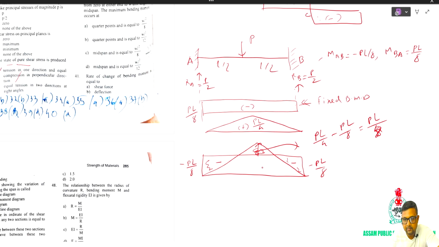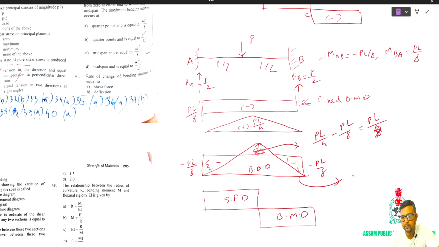This is the BMD. Now look at the shear force diagram. The shear force diagram is changing sign. So this is the final BMD. Now see here, the shear force is changing sign here.